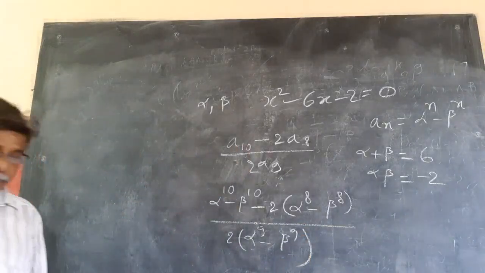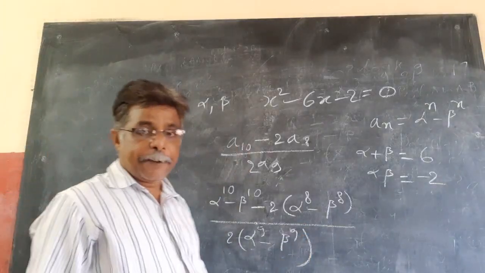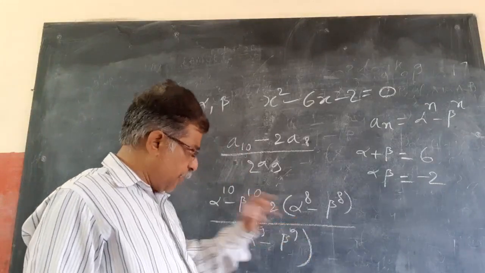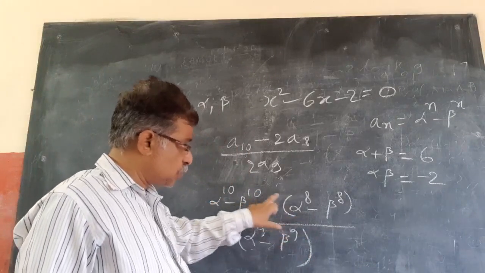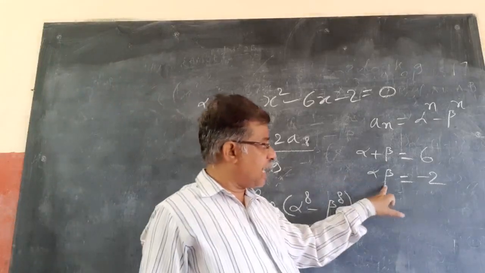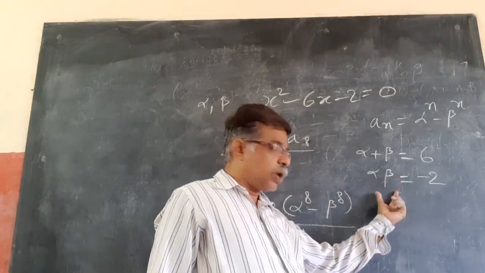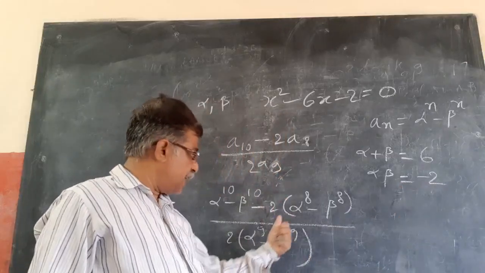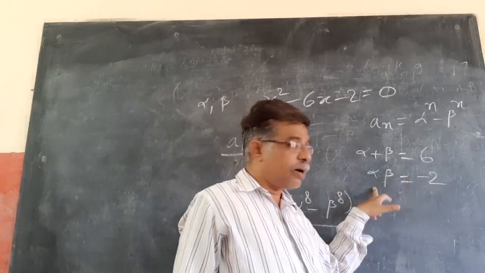So how can I fix this? Here there is minus 2, and minus 2 is nothing but alpha into beta. So I am using the product of roots, and instead of minus 2, I will write alpha beta.